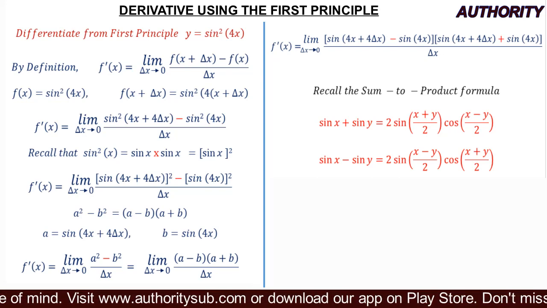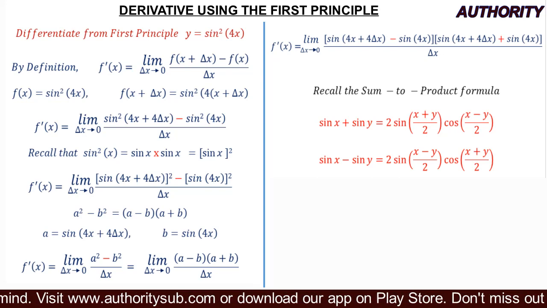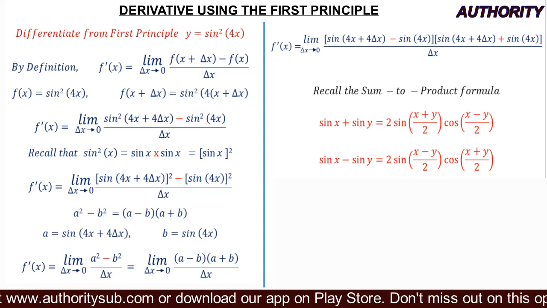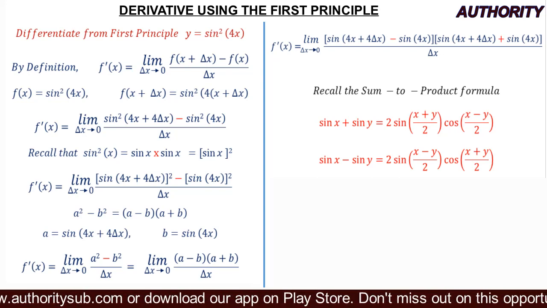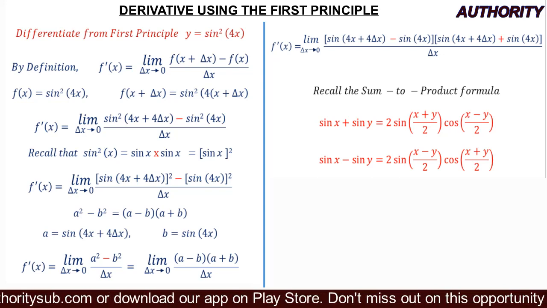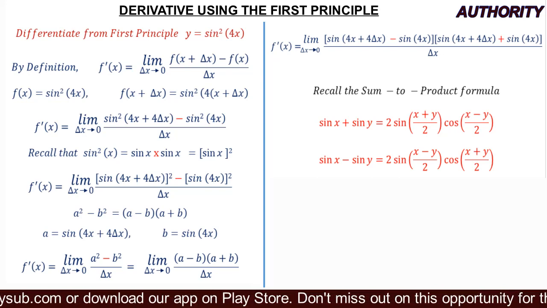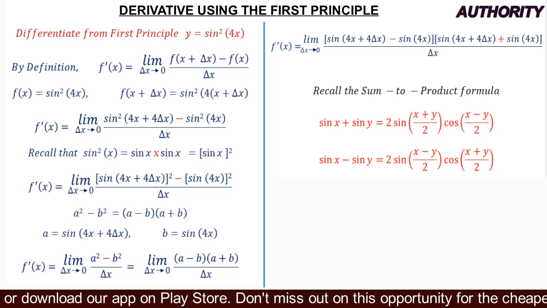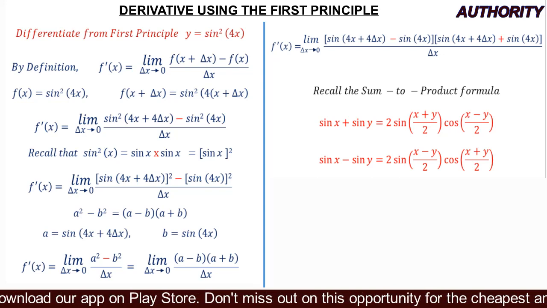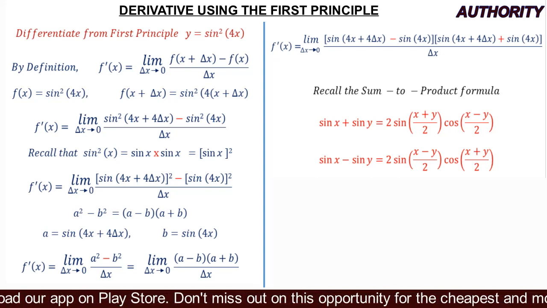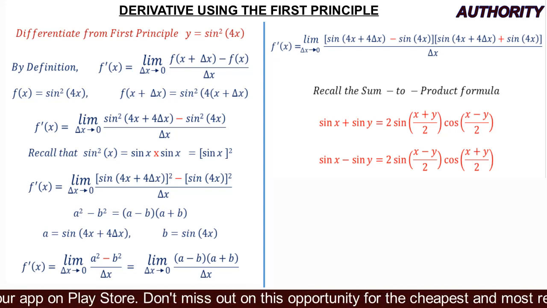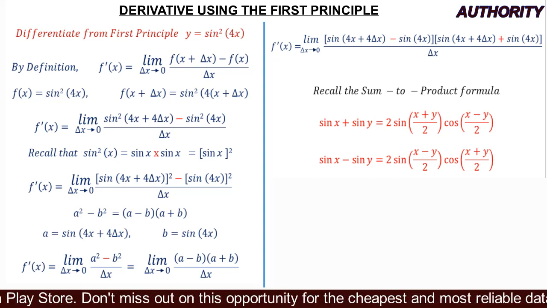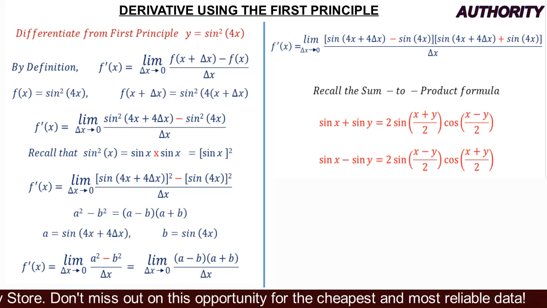Sine x plus sine y is equal to 2 sine (x plus y) all over 2, multiplied by cos (x minus y) all over 2. Here we have sine, cos, and for the difference, we also have sine and cos.